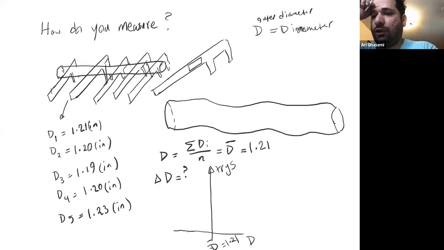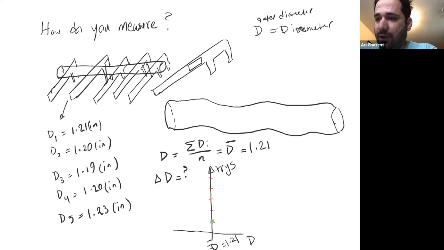Okay, so if I plot my data, let's say this is try number 1, 2, 3, 4, 5. I plot this data on this set of weird looking axes. Then the measurement of D1 is 1.21, right? It's right on the average. So this is my D1. You see that?